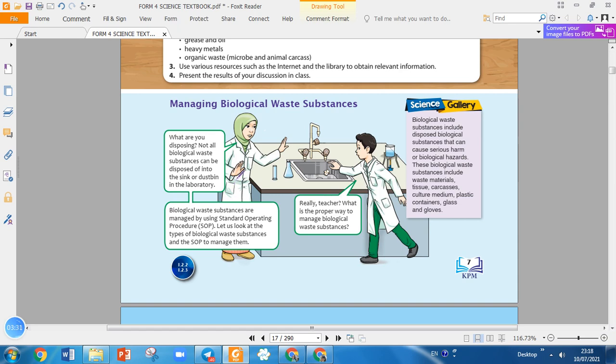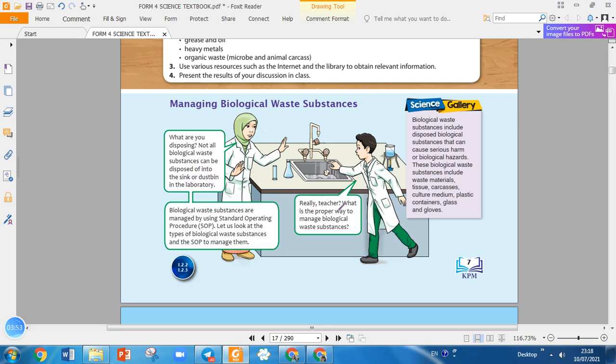Managing biological waste substances. Let's have a look at the conversation between the teacher and a student. What are you disposing? Not all biological waste substances can be disposed of into the sink or dustbin in the laboratory. Really, teacher?